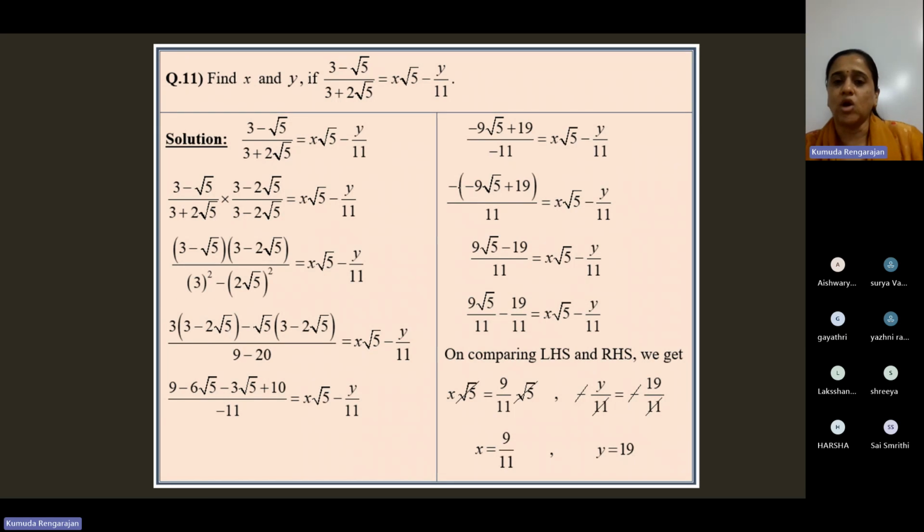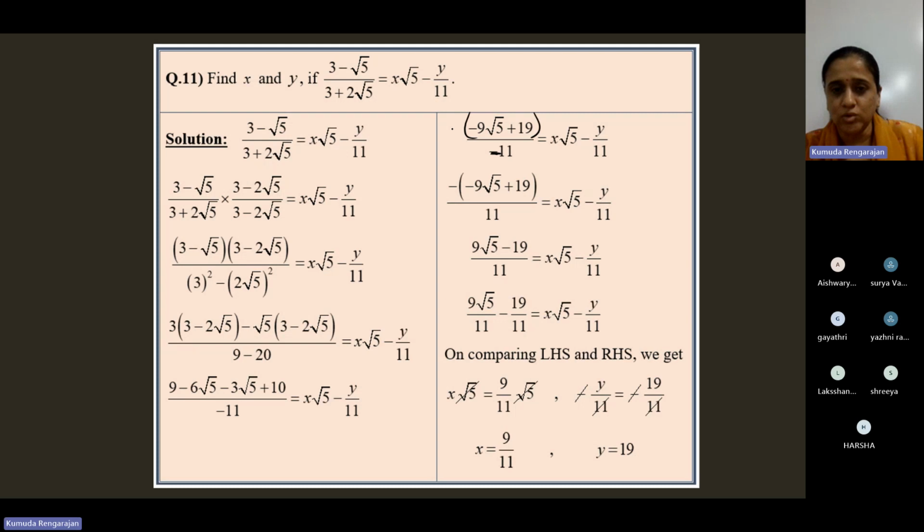So I've taken minus common. I've taken out minus common in the numerator and denominator. You can work it like this also. You can take out a minus common, or I have taken this minus up to the numerator here. This is minus 11, right? I've taken the minus up to the numerator. So you can see here, I put this in a bracket: minus 9 root 5 plus 19.